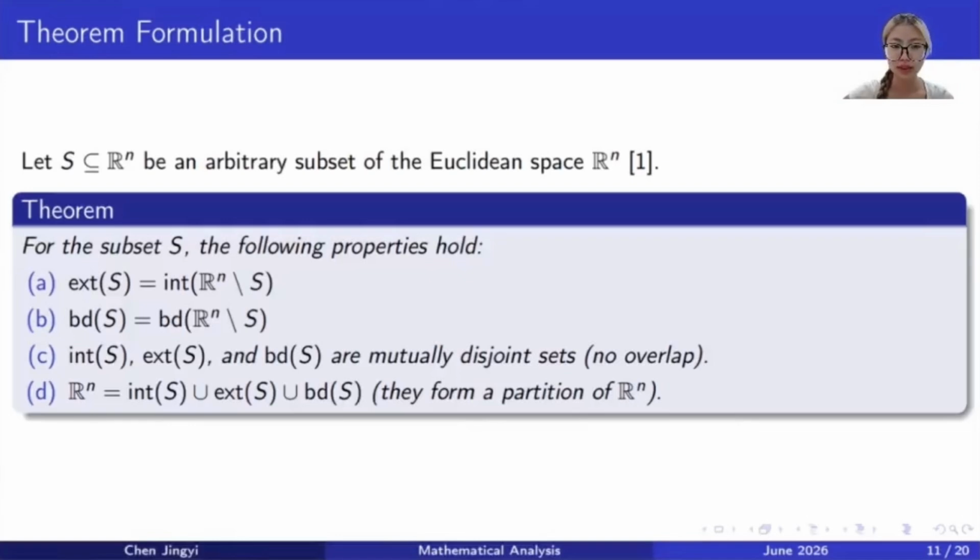Now let's talk about the main theorem of this project. This theorem gives us 4 important properties for any subset S. A: exterior S equals the interior of Rn except S. B: boundary S equals the boundary of Rn except S. C: interior S, exterior S, and boundary S are mutually disjoint sets, which means they have no overlap.